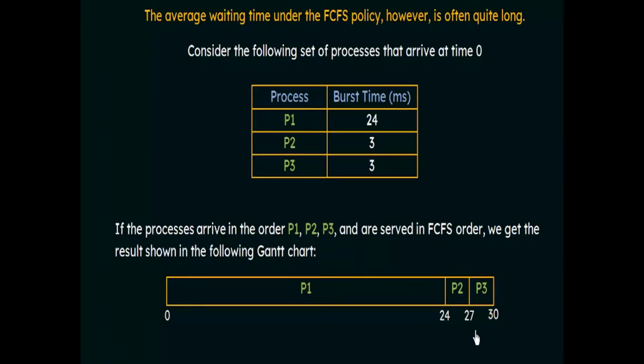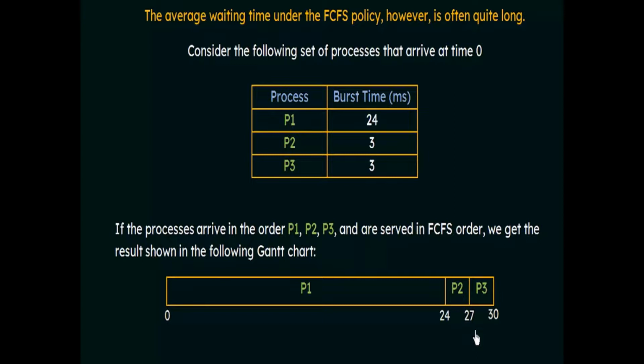The average waiting time under the first come first served policy is in fact long, and it depends upon the order of arrival of processes. For example, look at this table. We have three processes and the burst time of each process.